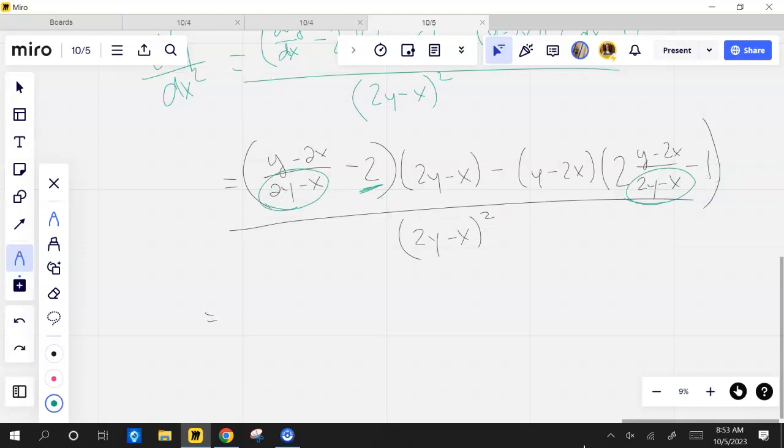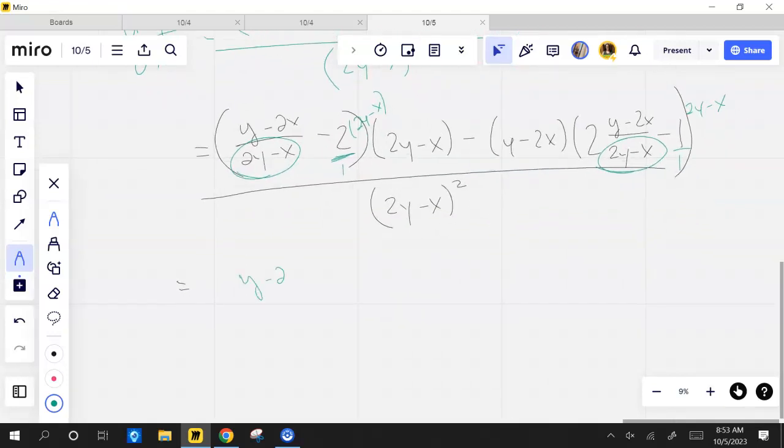Okay, I'm just going to go back and do this algebra 2 style because that makes the most sense to me. I'm the best with algebra 2, so I tend to do things that way. I'm going to have common denominators. 2y minus x is my common denominator, and I'm going to combine up here.